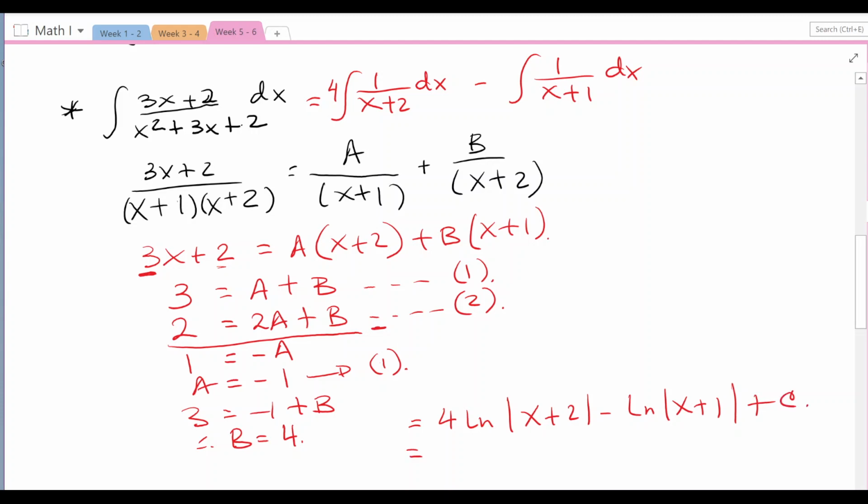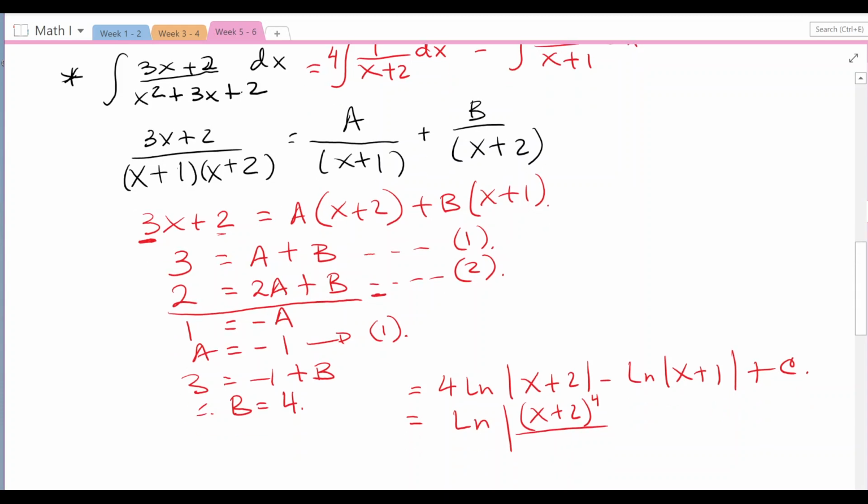So these terms can be further simplified as ln of x plus 2 to the power of 4, by definition of a log, because it is a minus sign there, it means something divided by that one, so this is becoming the denominator to the power of only 1. So that's the answer for the first question.